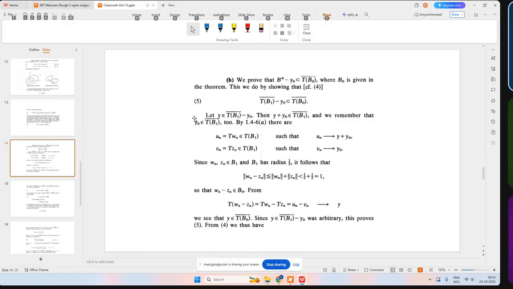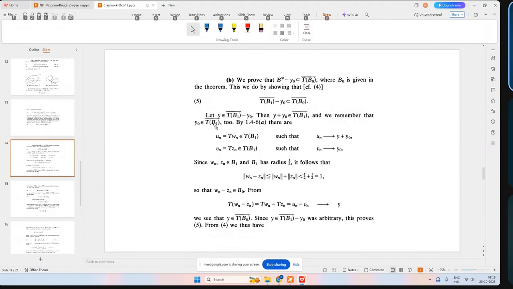What do you mean by being in a closure? It could be a point in the set, or there is a sequence going to it. So you have a sequence un equal to Twn, because the sequence is from TB1, so this Twn is in TB1.